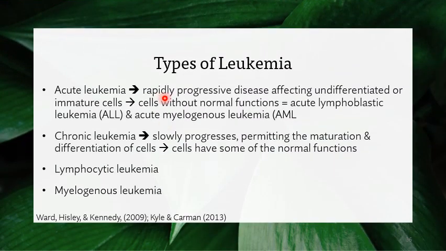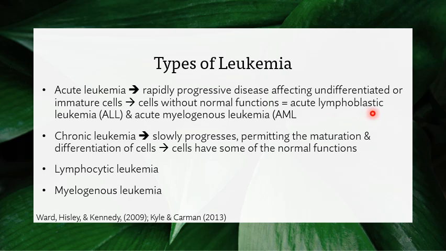The types of leukemia are divided into acute leukemia and chronic leukemia, and lymphocytic leukemia and myelogenous leukemia. This depends on which type of blood cell blast is being affected. Acute leukemia is a rapidly progressive disease affecting the undifferentiated or immature cells, cells without the normal functions.